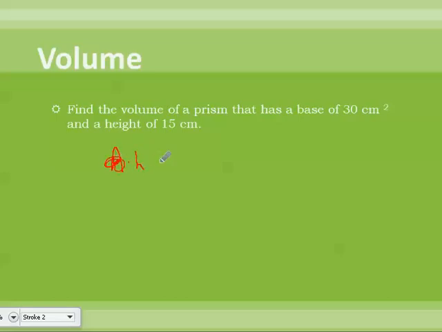Okay, I used the wrong letter there. To find the volume, you take the area of the base times the height. And so it's just a matter of plugging the values in. 30 times 15. That'd be 150, 450 centimeters cubed. That would be the volume.